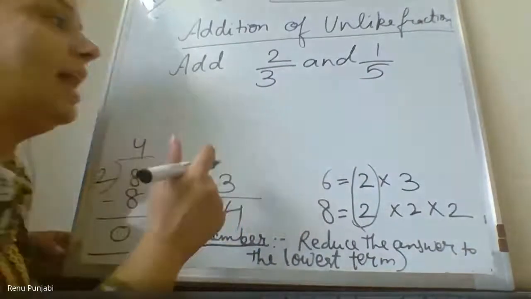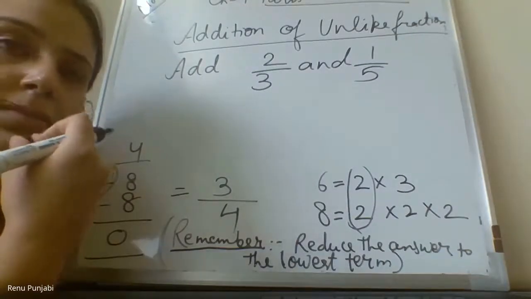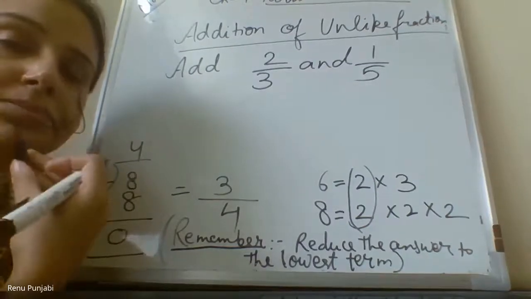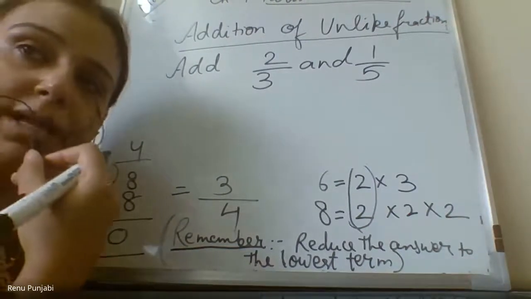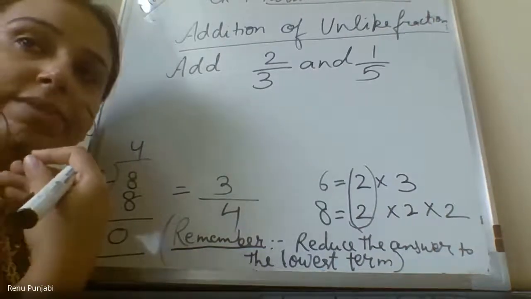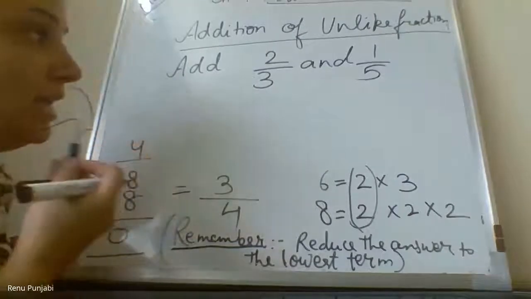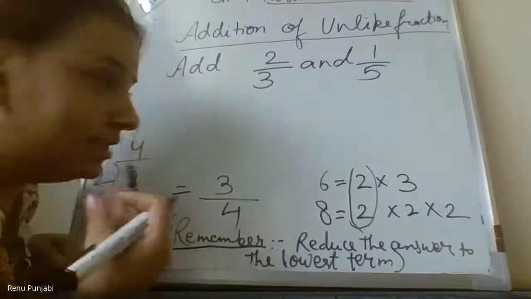Now, how will we add them? If you remember, we have done comparing the fractions, there we learned the butterfly method. So now let's see how the butterfly method works here.